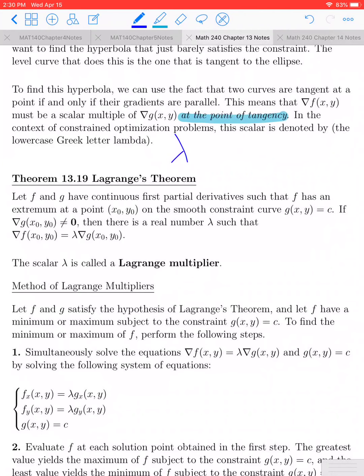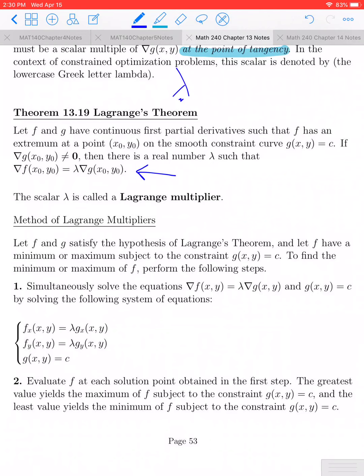And we give a special name for this constant. This constant is referred to as a Lagrange multiplier. And keep in mind, in the theorem of Lagrange, this equational condition is at the point where f has an extremum, x0, y0. It's not for all x and y.